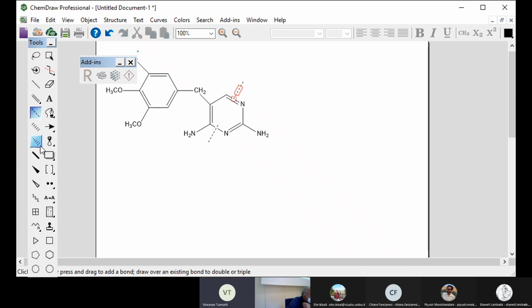So we can cut this one, the molecule in these two positions.